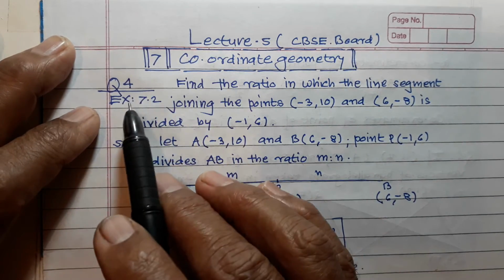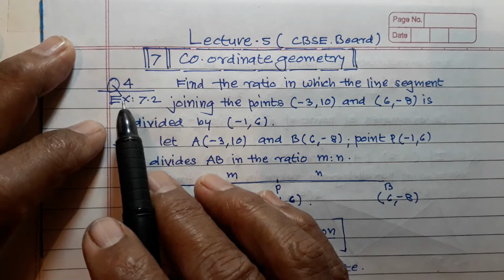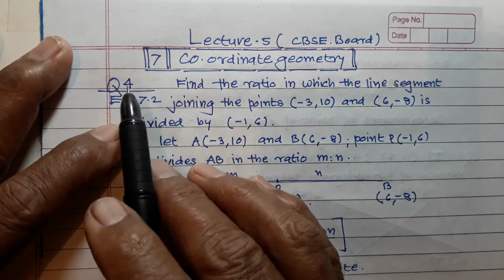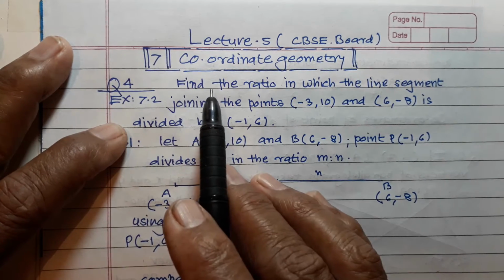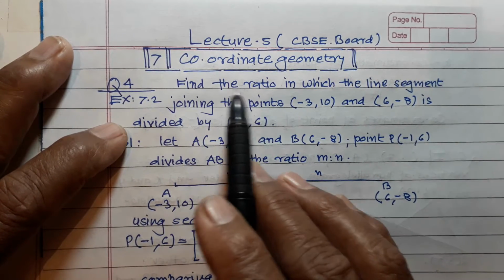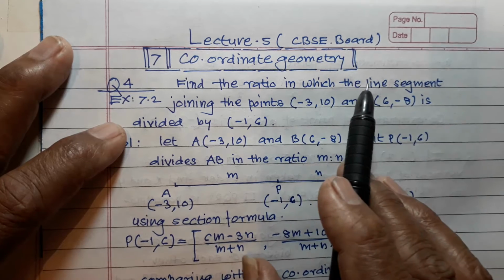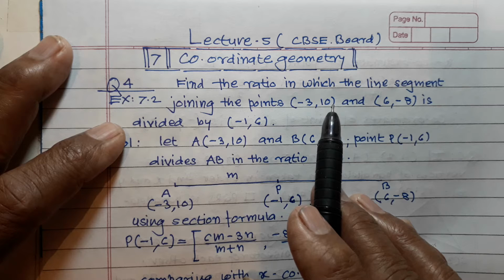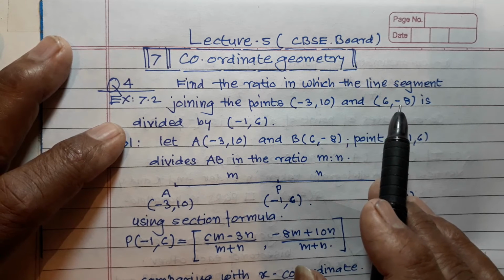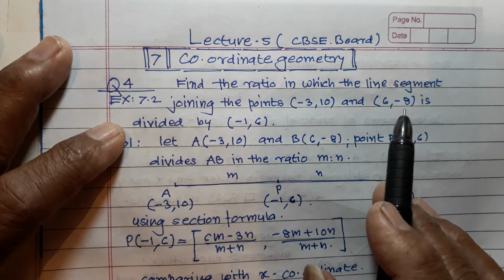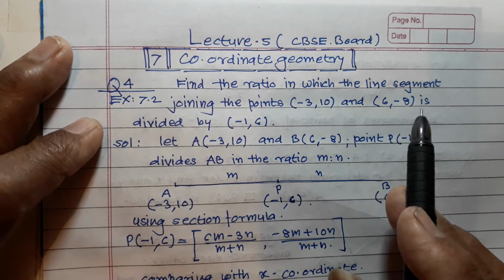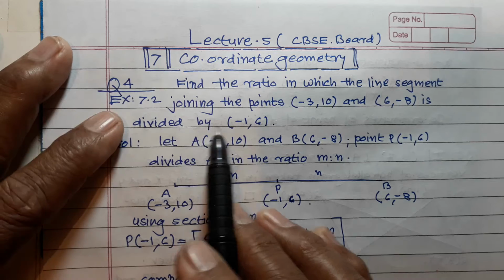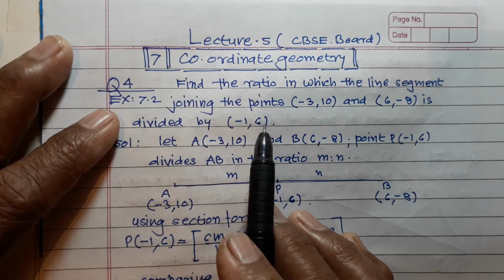In this lecture, I am going to explain some examples from exercise 7.2, question number 4. Find the ratio in which the line segment joining the points (-3, 10) and (6, -8) is divided by (-1, 6).